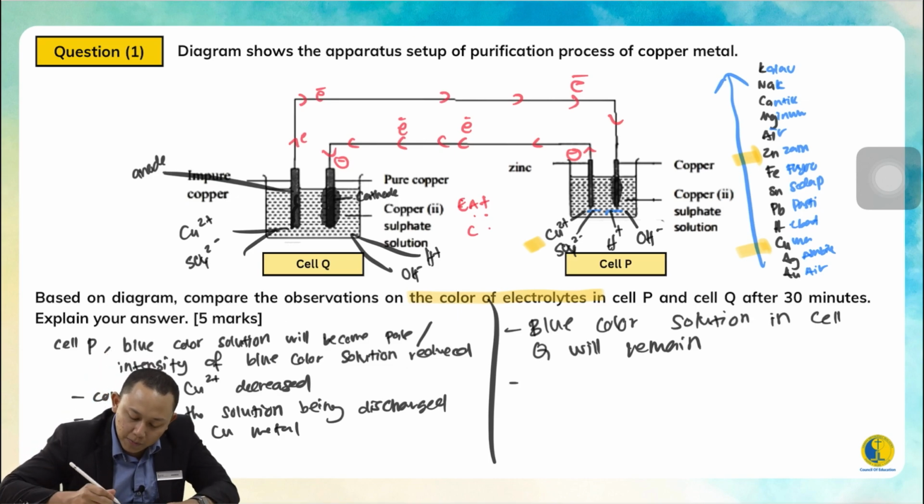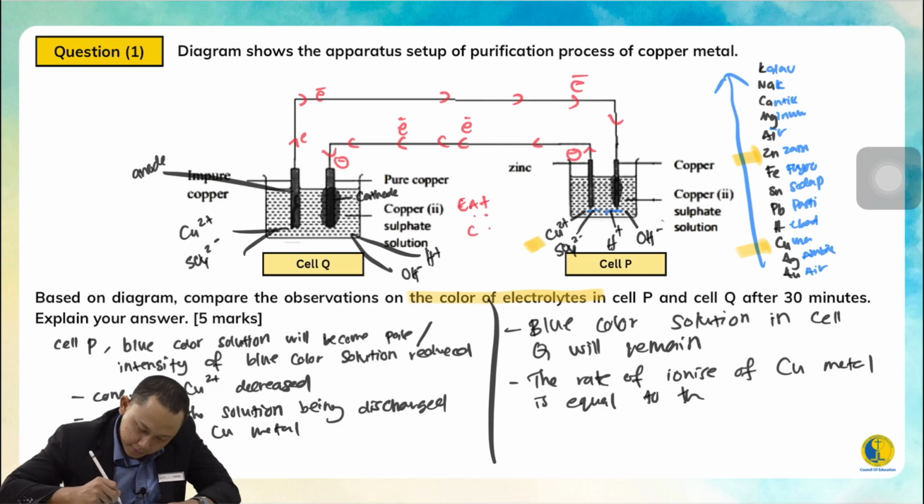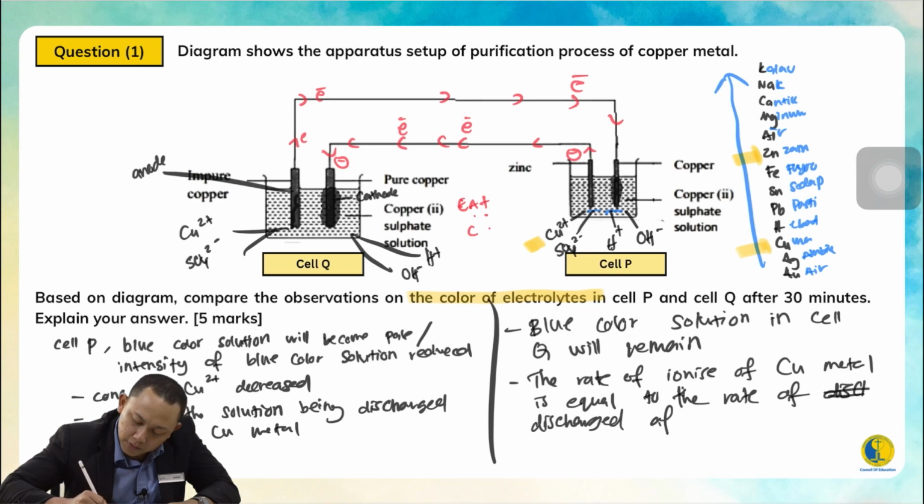Why does it remain? Because the rate of ionizing of Cu metal is equal to the rate of discharge of Cu2+.